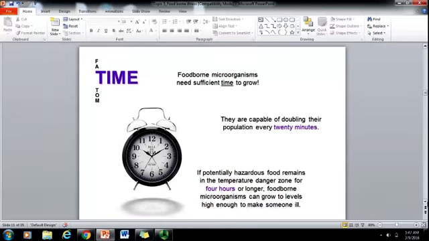Therefore, temperature with time control, at most not more than 4 hours, is very crucial in order to control the bacterial growth. Please remember these two factors are the critical control point factors in foodborne illness prevention.